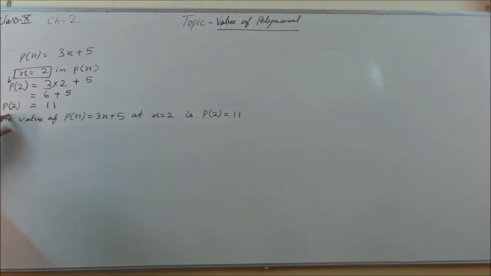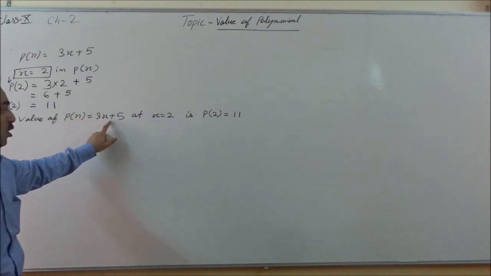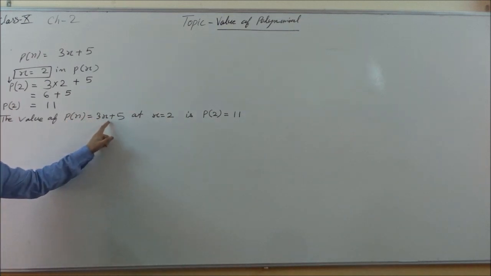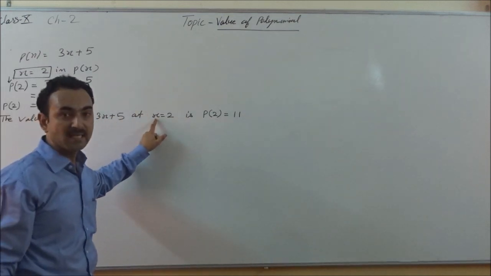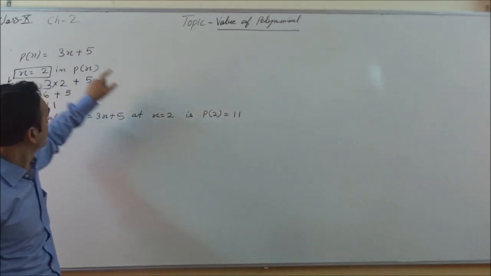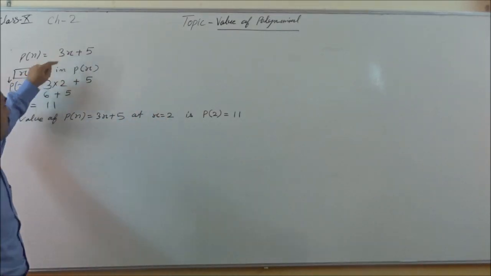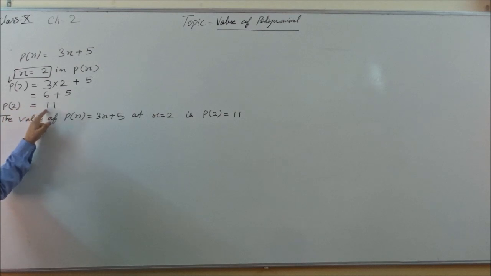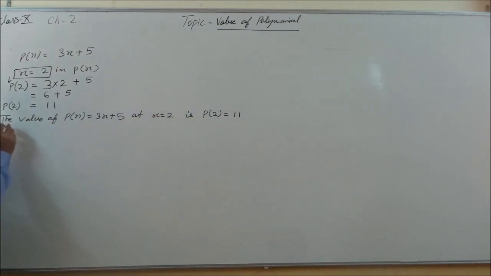This P(2) is showing that the value of x here is 2. So when you put x equals 2 in the given polynomial, you will get the value of the polynomial. So this is known as the value of a polynomial.